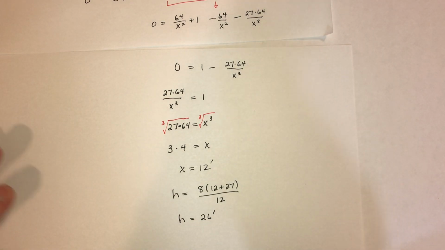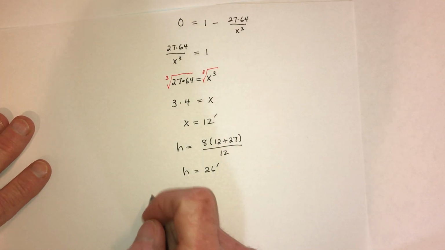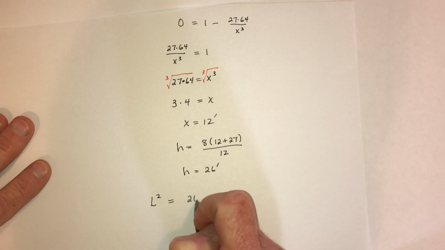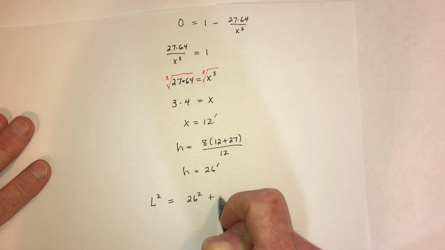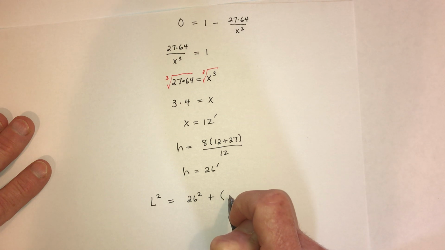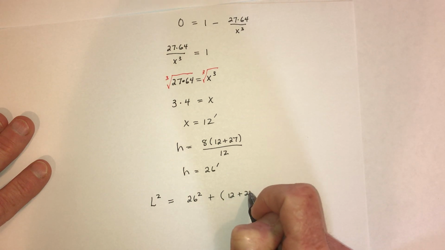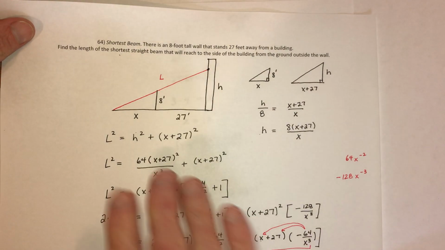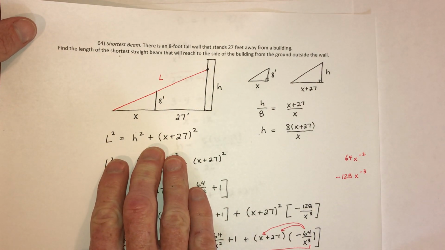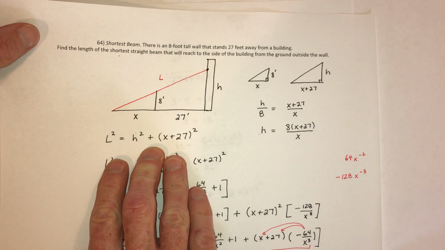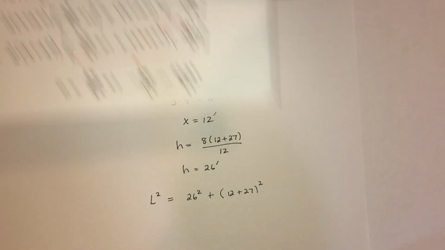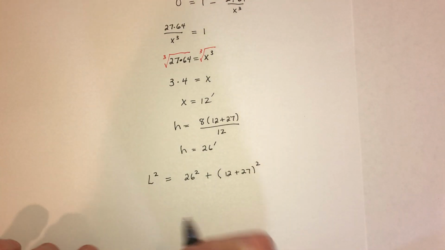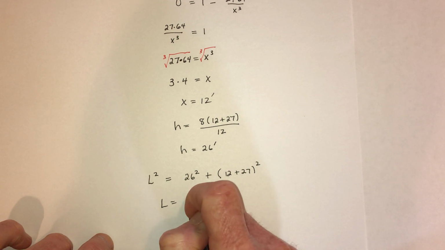And then finally, substitute those numbers into the Pythagorean theorem. So L squared equals h squared plus x plus 27 squared. So I'm just going back to this equation right here and then substituting what we got for h and what we got for x. And then to solve for L, take the square root.